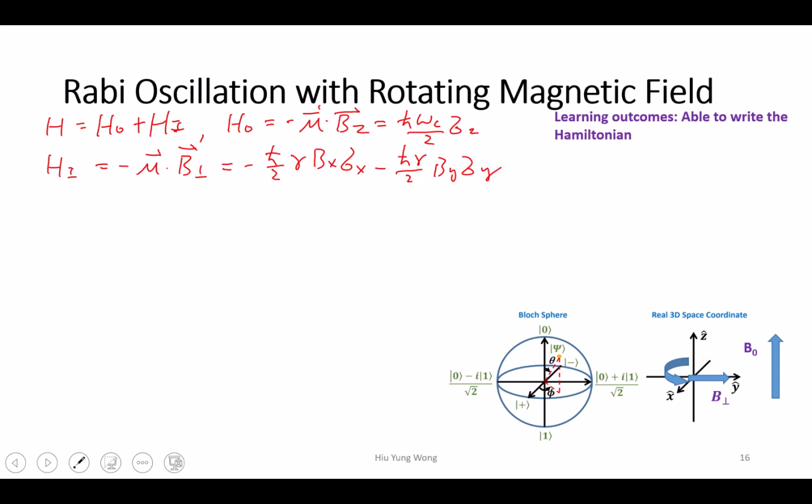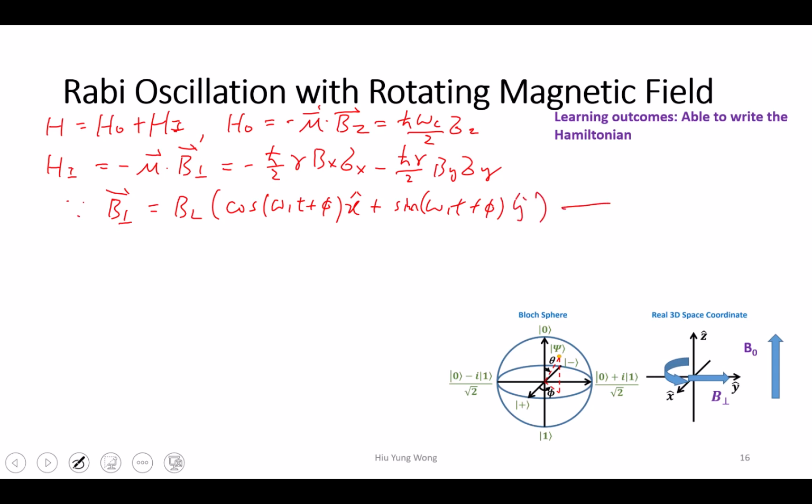Now, that is because what is the magnetic field that we are using? We are using the magnetic field of this. Maybe I should put this first. The magnetic field is equal to the strength times cosine omega 1t plus phi x hat plus sine omega 1t plus phi y hat, right?